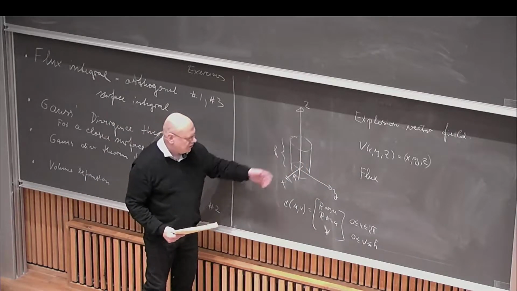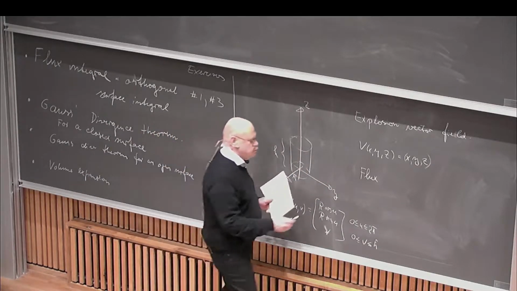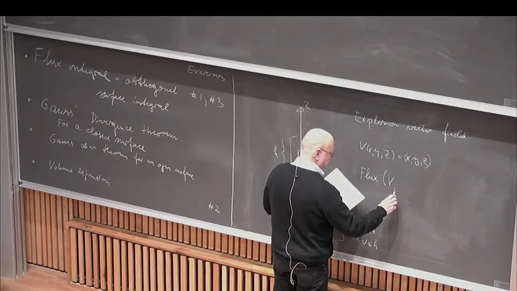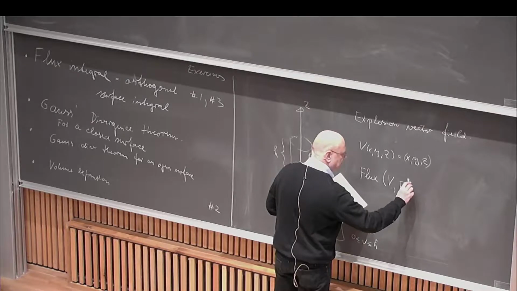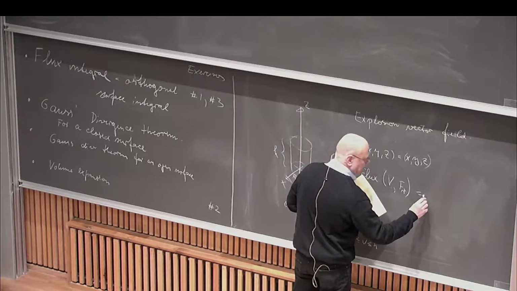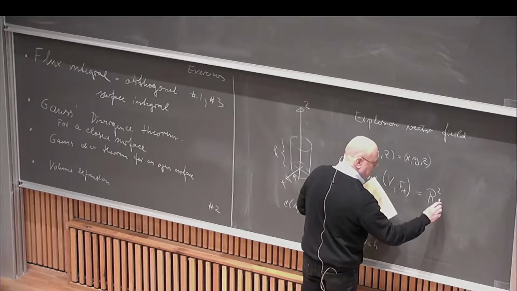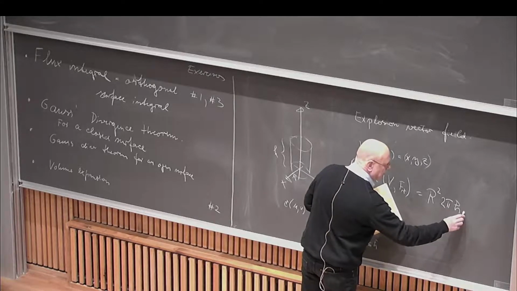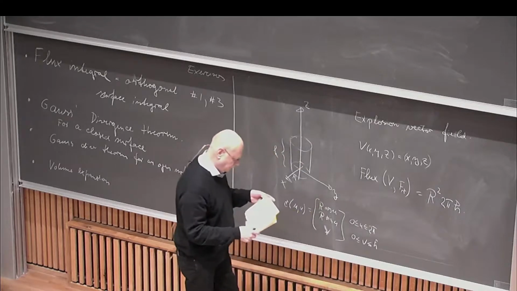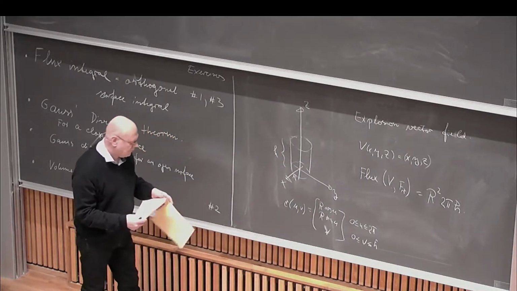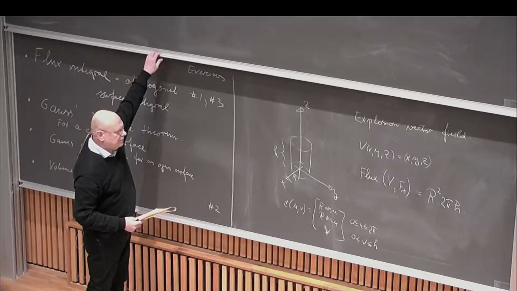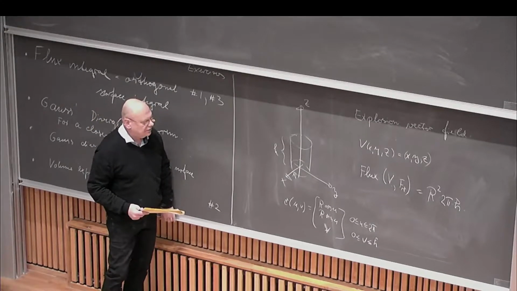So this will describe the cylinder, and we computed the flux of v through this surface here, and the result was r squared times 2 pi times h. I'm going to need this result a little later.